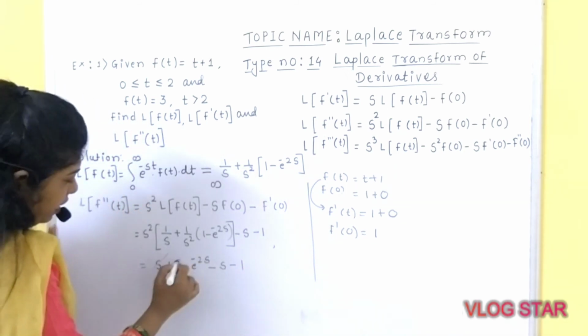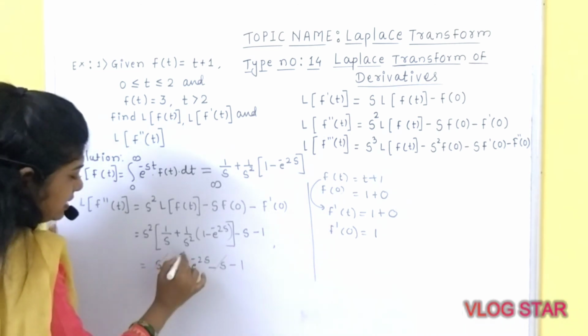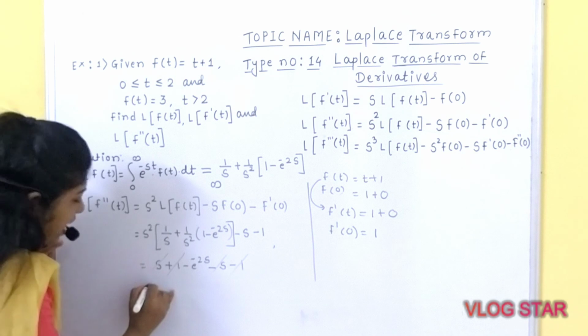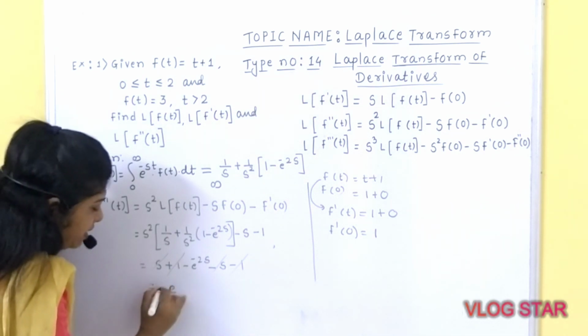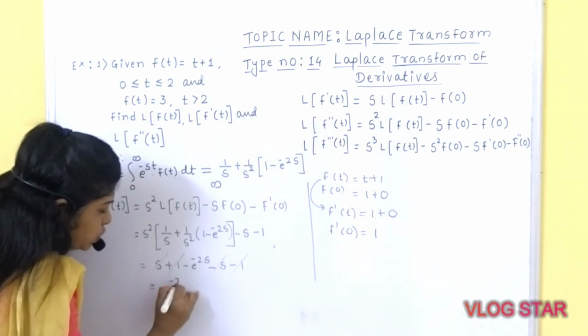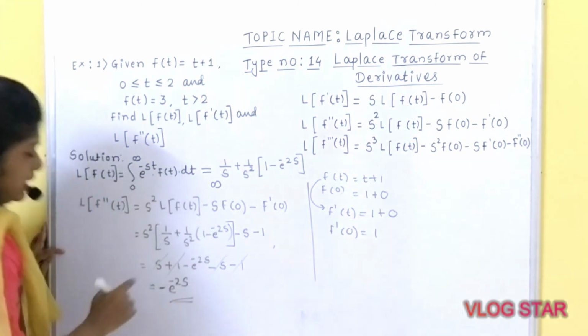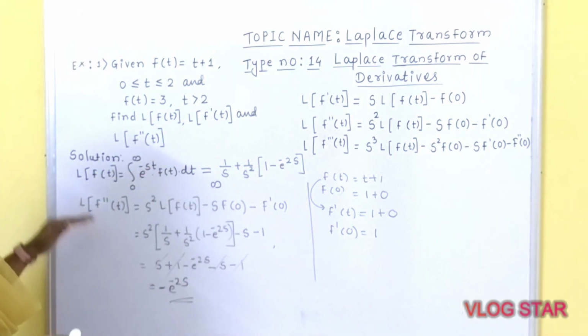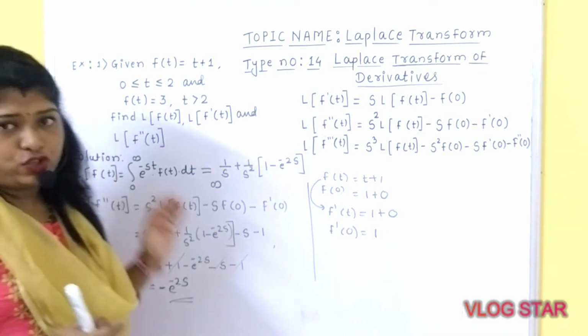If you observe carefully, this will get cancelled, plus 1 minus 1 will get cancelled. So the final answer is minus e raised to minus 2s. This is your final answer for Laplace of f double dash of t.